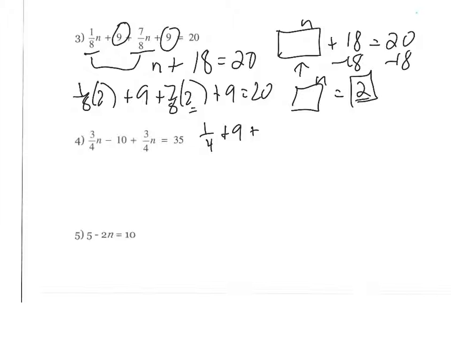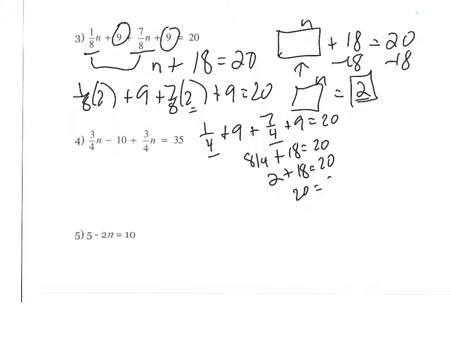Well, 7/8 of 2 is 14/8. 14/8 is the same as 7/4, plus 9 equals 20. And if we put together a fourth and 7/4, we get 8/4 plus 18 equals 20. But 8/4 is 2. 2 plus 18 equals 20. Put those together, and we do our happy dance because we've solved it correctly.